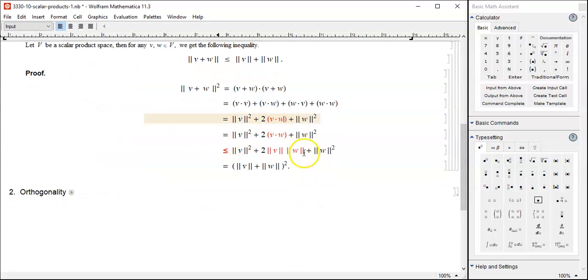So v dot w is the same as norm of v times norm of w times cosine of theta, and let's see, cosine of theta is bounded by positive 1, greater than or equal to negative 1, but less than or equal to positive 1. So if I replace it with 1, then that will be an overestimation. You see, cosine of theta is less than or equal to 1. Replace cosine of theta with 1, then this is greater.